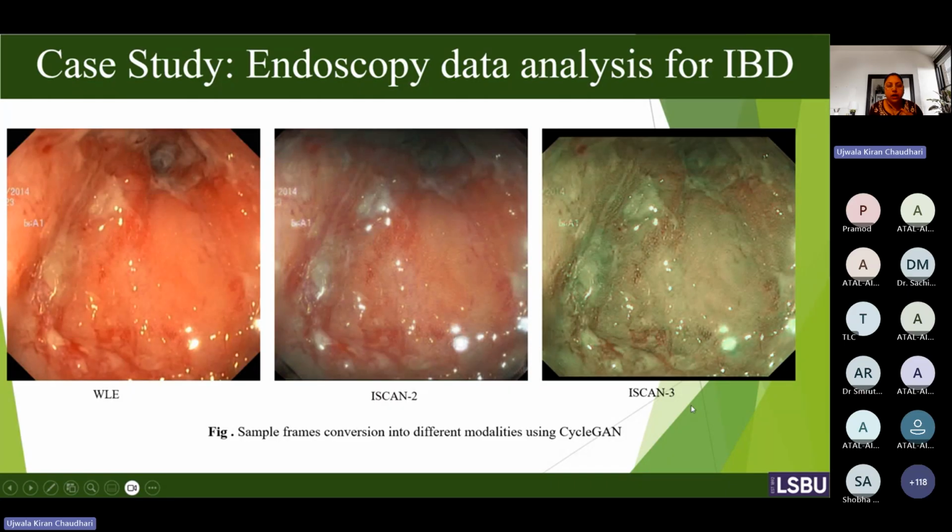The same data, only you could see the change in the color, the change in the texture. It tries to give some details. Each of these modalities is trying to highlight different kinds of features from the image.